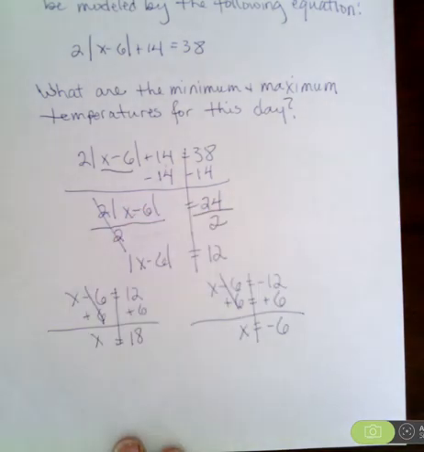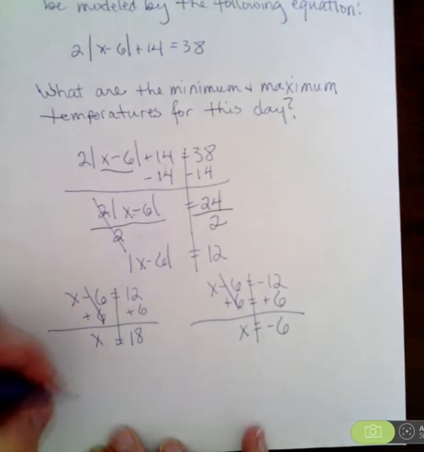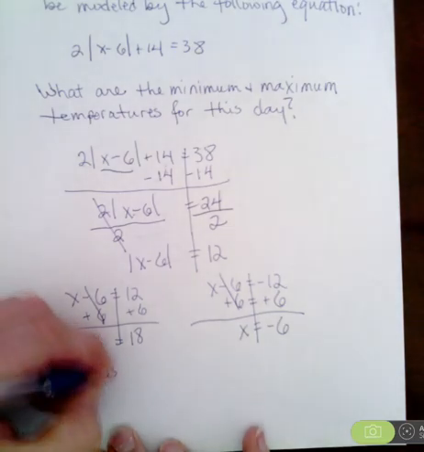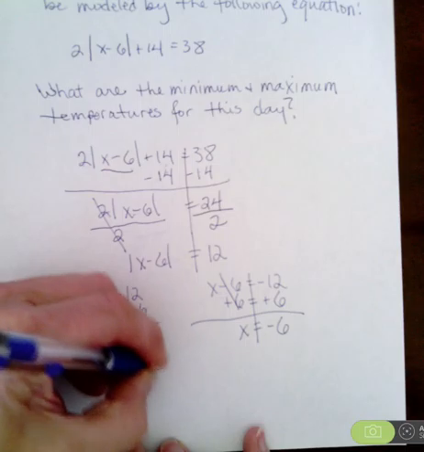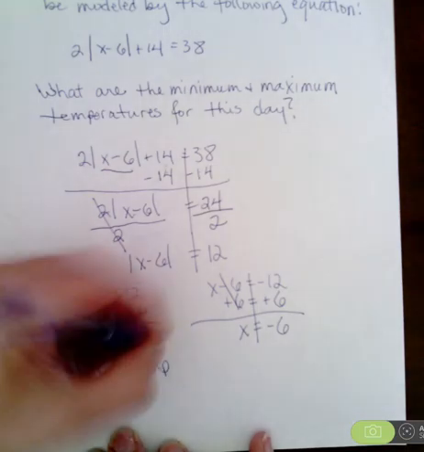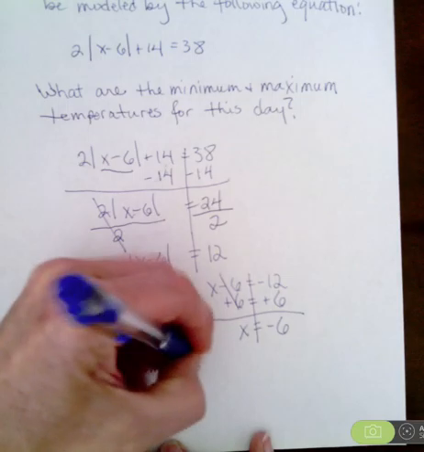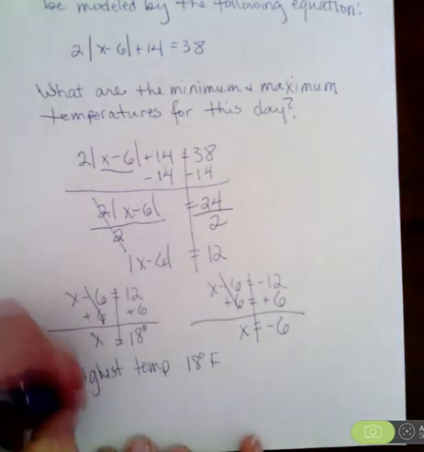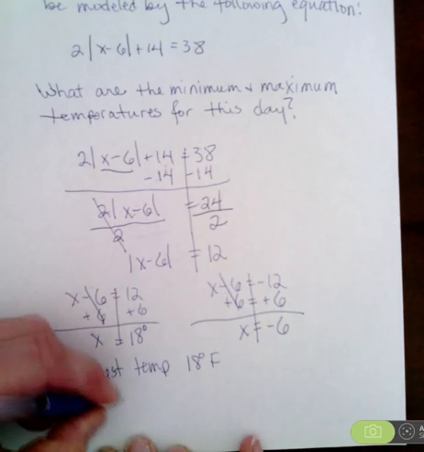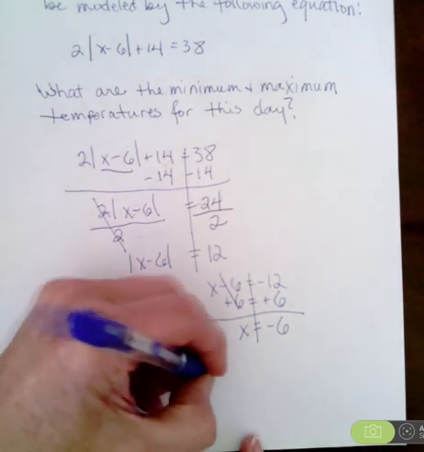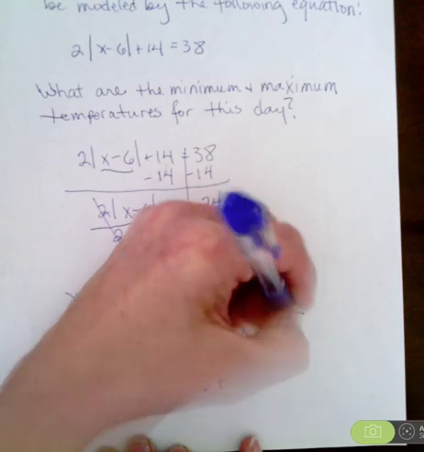That was a very cold day in Gresham. So the highest temperature, and I'm going to call this Fahrenheit, the highest temp was 18 degrees Fahrenheit, and the lowest temp was negative 6 degrees Fahrenheit.